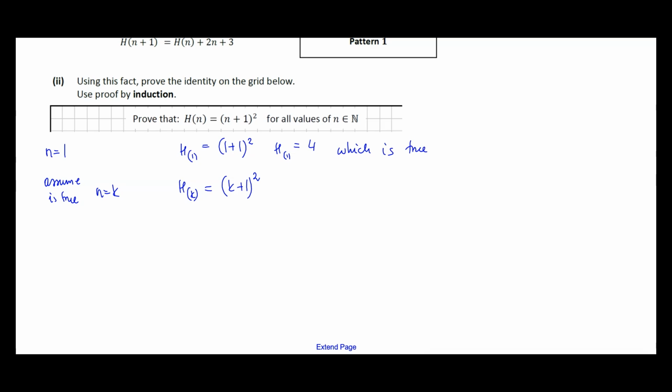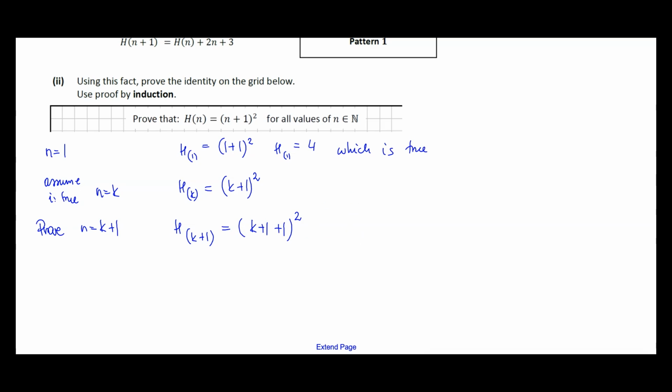We have to prove for the next one, k plus 1. So we are taking the very same thing, and instead of n, we are writing k plus 1, and then plus 1 to the power of 2.